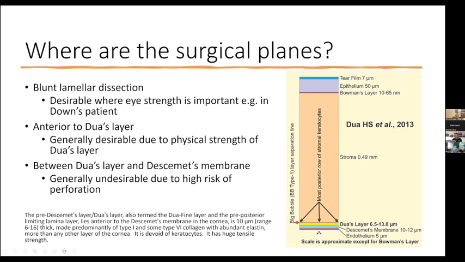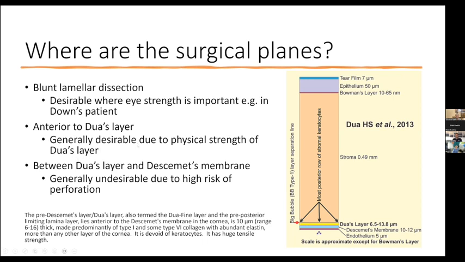All right, then we move to basically where the bubble may dissect. Anterior to Dua's layer, this is the plane of separation here. This would be the typical type 1 bubble, which doesn't go right to the periphery, but only the central part. And Professor Bahgat will tell you all about this.